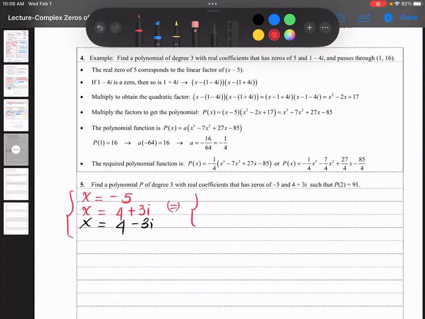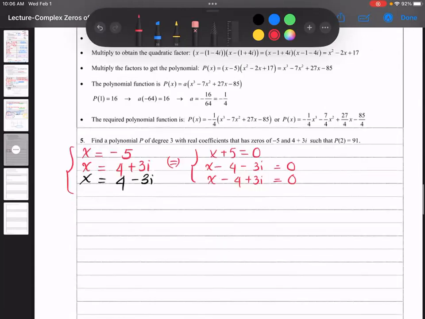So x plus 5 equals 0. x minus 4 minus 3i equals 0. x minus 4 plus 3i equals 0. And then you put them together. And now you have a polynomial with degree 3.